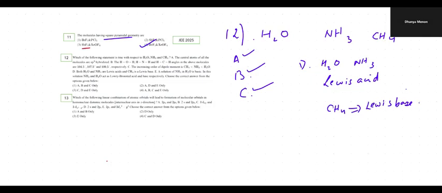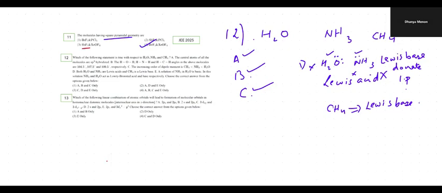Now over here, in ammonia and water, the oxygen has 2 lone pairs and nitrogen has 1 lone pair. They are not Lewis acids, but in fact they are Lewis bases. Lewis base means those who can donate a lone pair. Water and ammonia are in a position to donate the lone pair, so they are not Lewis acids. In fact, they are Lewis bases. So the D statement is also wrong.